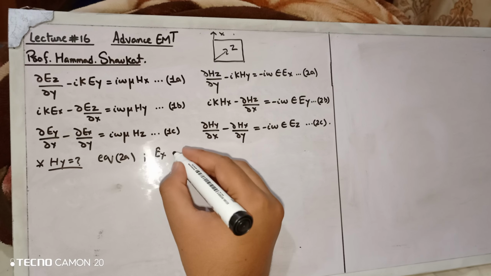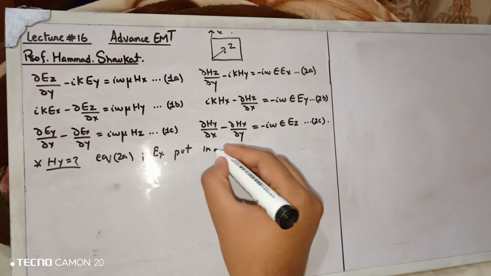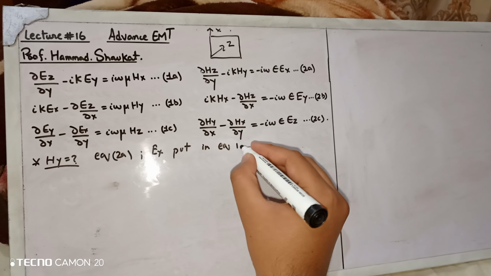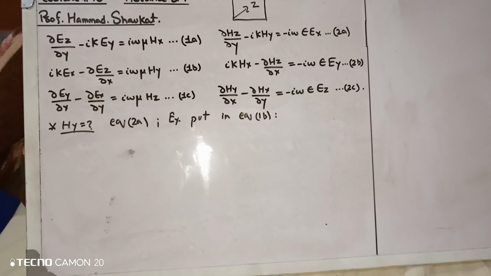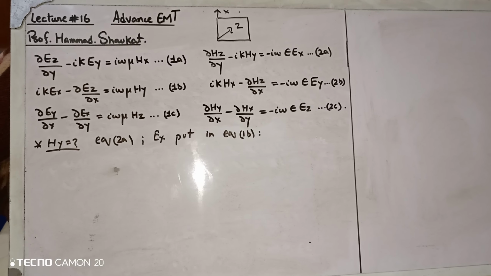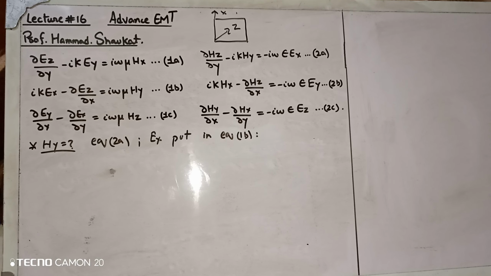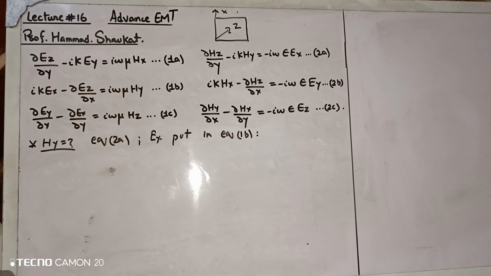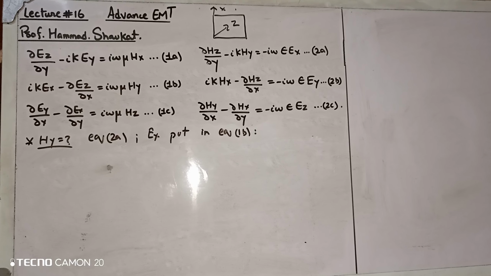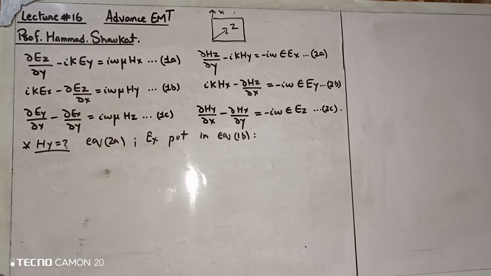After finding the value of Ex, we have to put that value in equation 1b. So you have to find the expression of Ex from equation 2a, and once you put the value of Ex in equation 1b, you can easily find the expression for Hy.